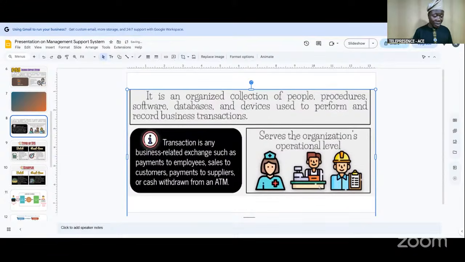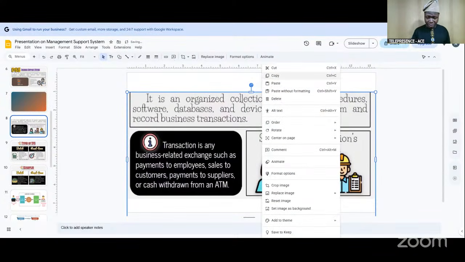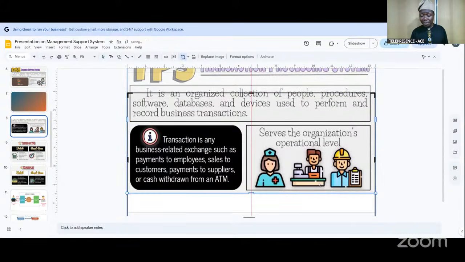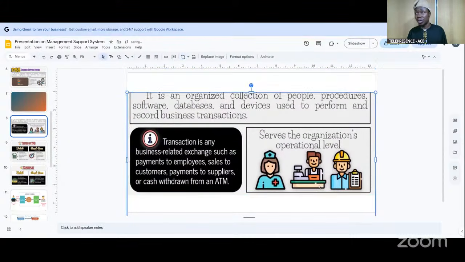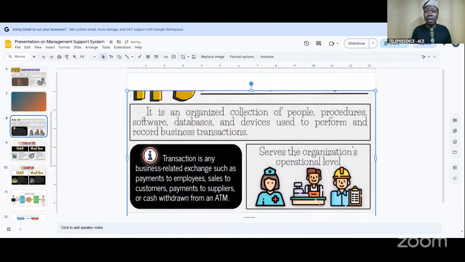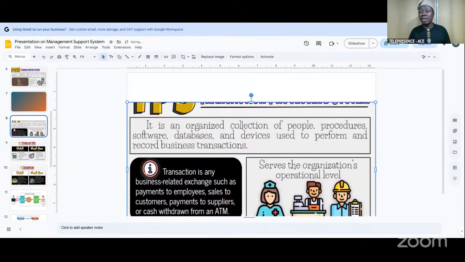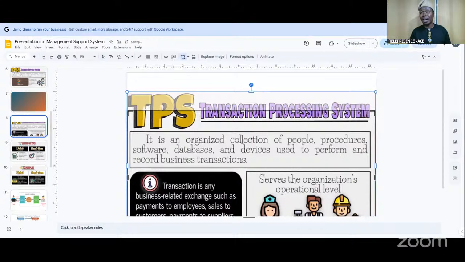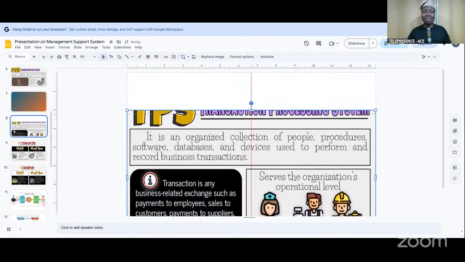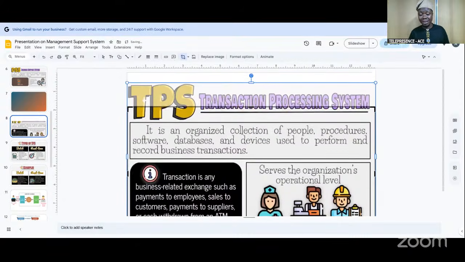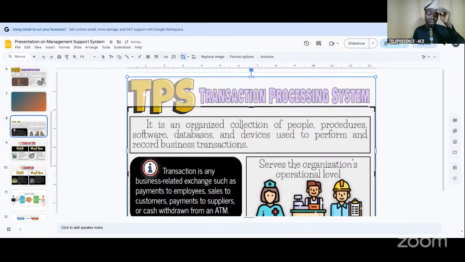So in a transaction processing system, we have, for example, a payroll system. In most standard organizations, we have a payroll system where the names, data, and details of the people are recorded, and the amount they take home per month, as well as their level, which depends on their qualification and years of service.